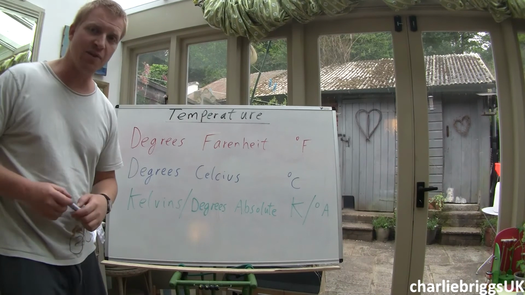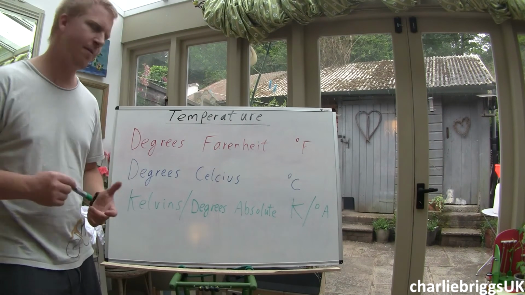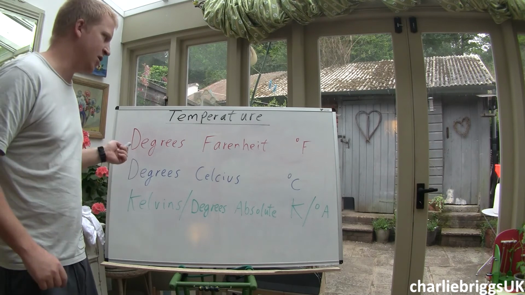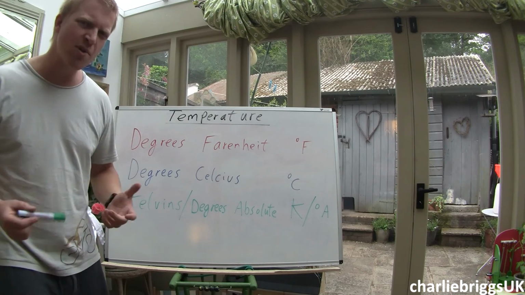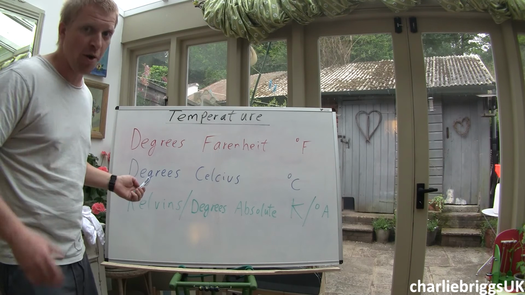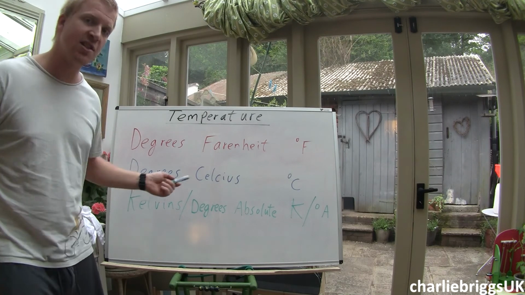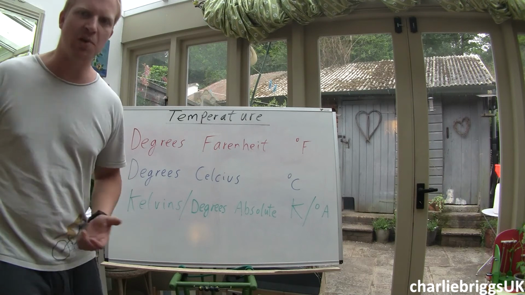With temperature and aviation, there are 3 main temperatures we deal with. Degrees Fahrenheit, or degrees F, is only really still used by the Americans. You'll be familiar with degrees Celsius, standardized by the general population of the world.